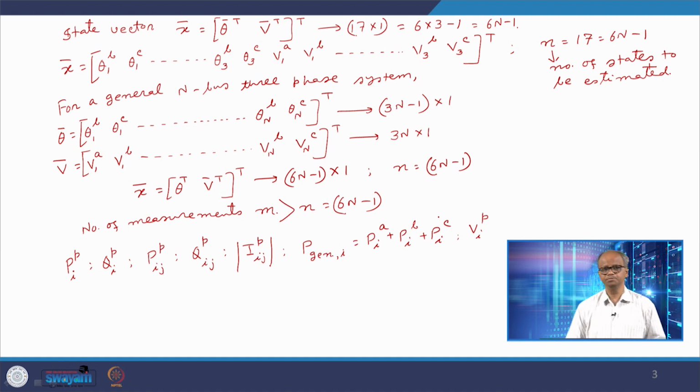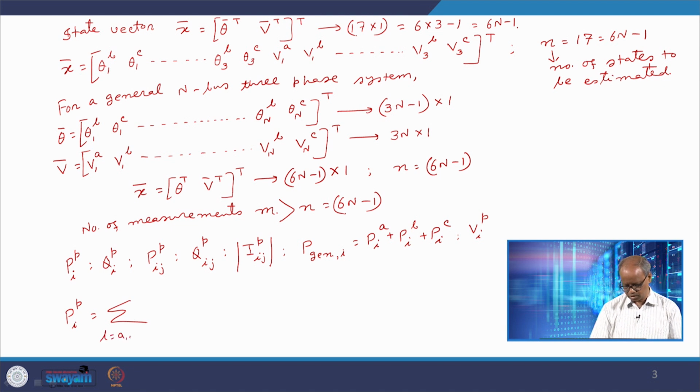What is PIJP? PIJP is the real power flow over the line Ij in phase A. Out of these, we already know the expressions of PIP and QIP, which we have already derived, so we will just write them.